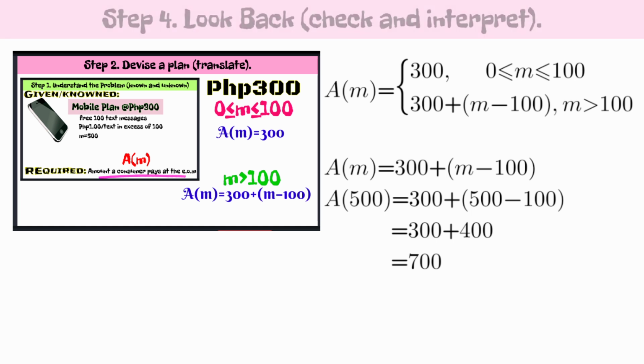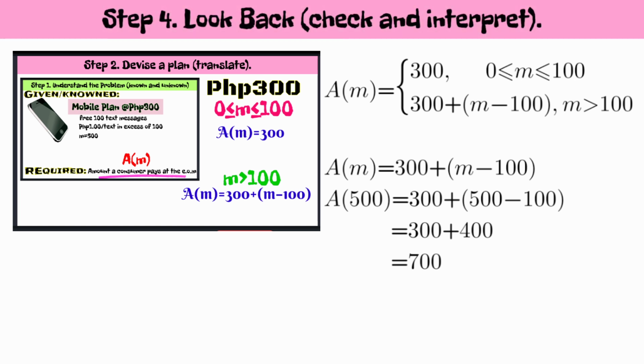The last step is we're going to look back. Meaning to say, you're going to check if you used all your information and make sure that the answer makes sense. In the problem, all the information were used.